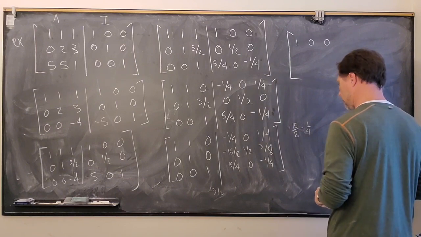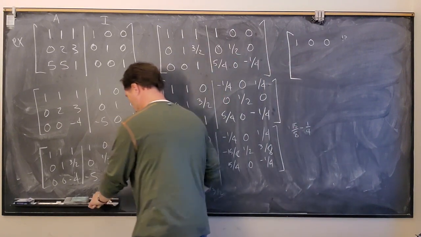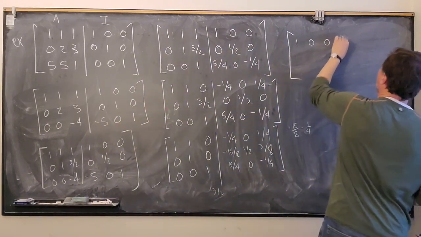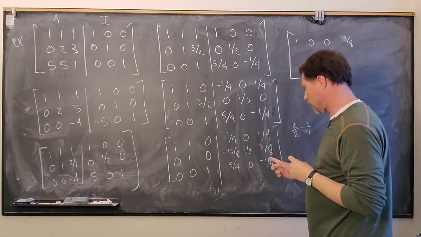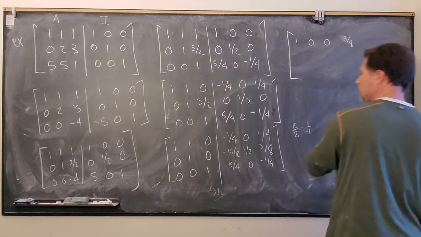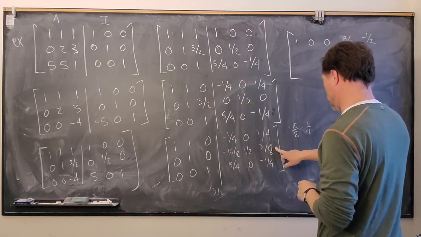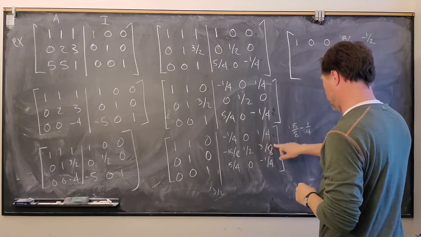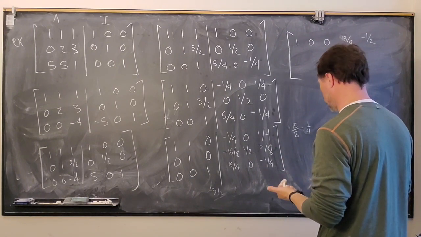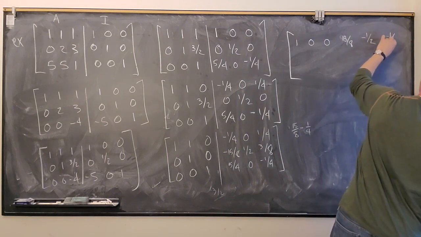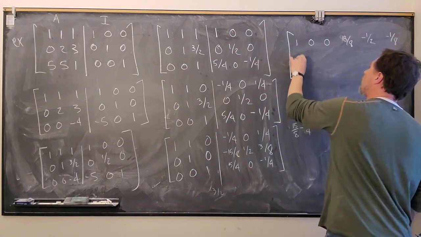That should give me a 13/8. Subtracting row 2 from row 1, that gives me a -1/2. 1/4 minus 3/8: 2/8 minus 3/8, negative 1/8. And everything else stays the same.